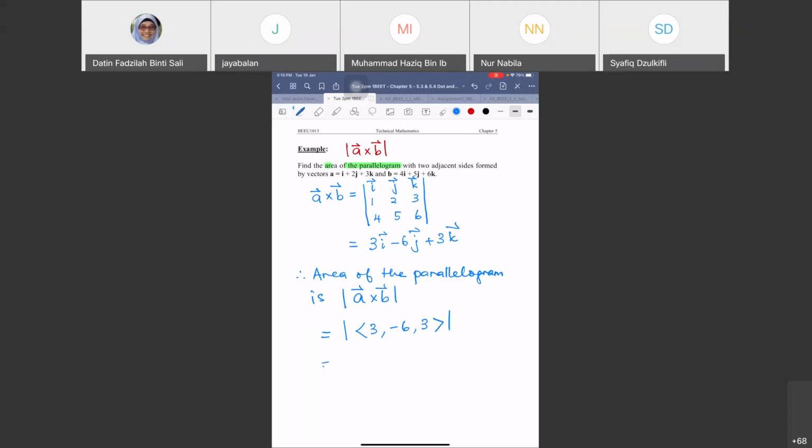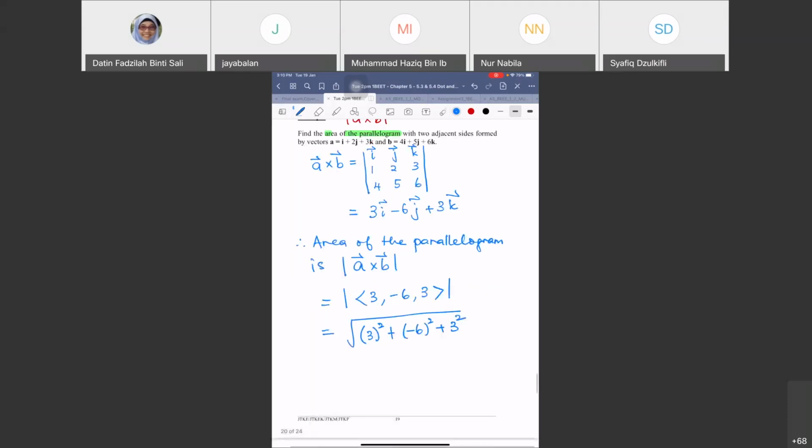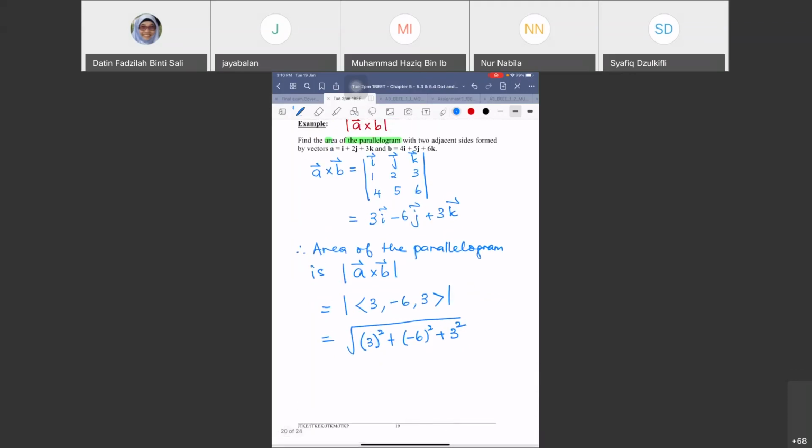Which is the square root of 3 squared plus minus 6 squared plus 3 squared. Then you use your calculator: 9 plus 36 plus 9, so it's the square root of 54. If you want to simplify, you can. If you want to leave the answer like this, also can. Then this is in unit square because it's the area.